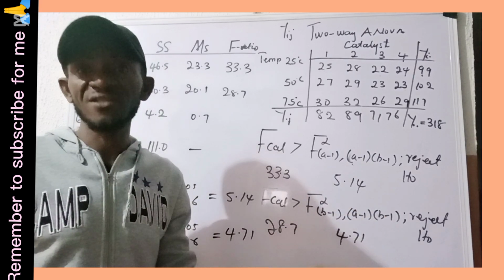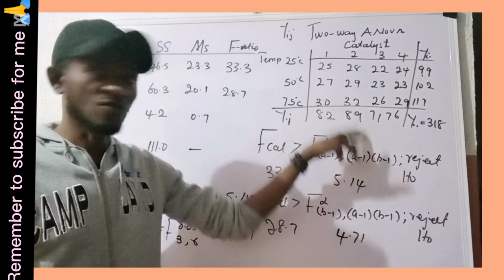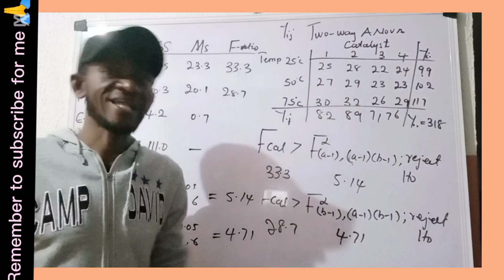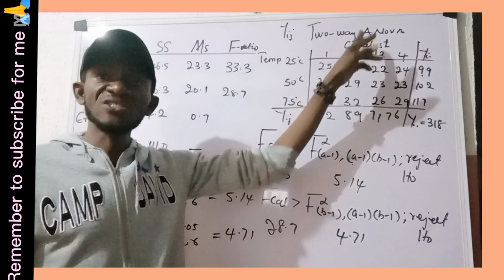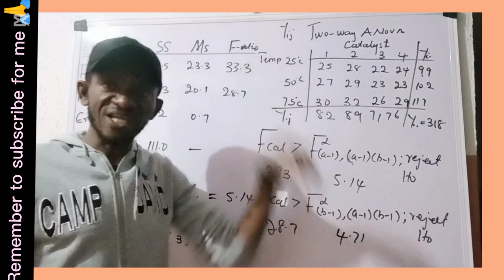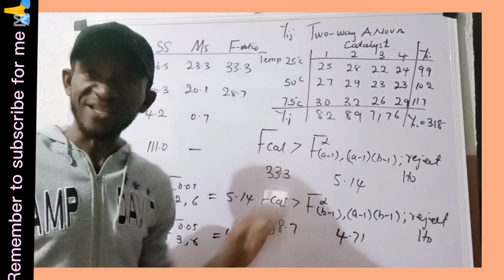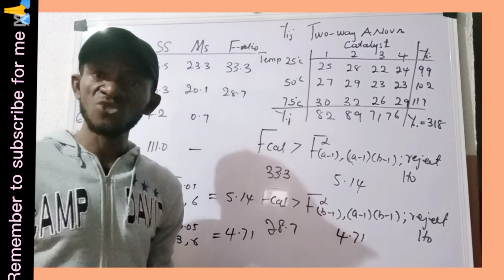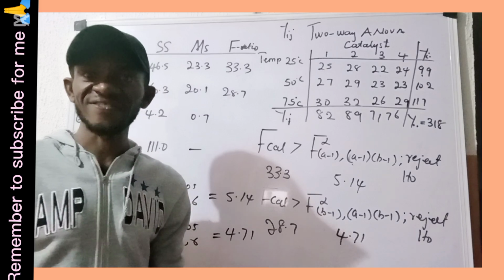The alternative is saying that there is a significant difference in the mean levels of these different catalysts, which in implication says that the catalyst has a significant effect on these observations. That is how to make a conclusion and conduct a two-way analysis of variance test.